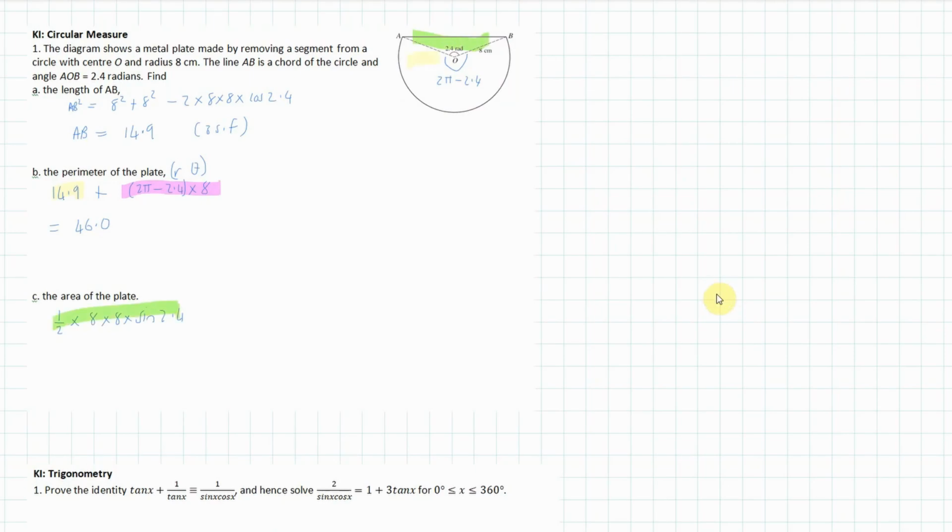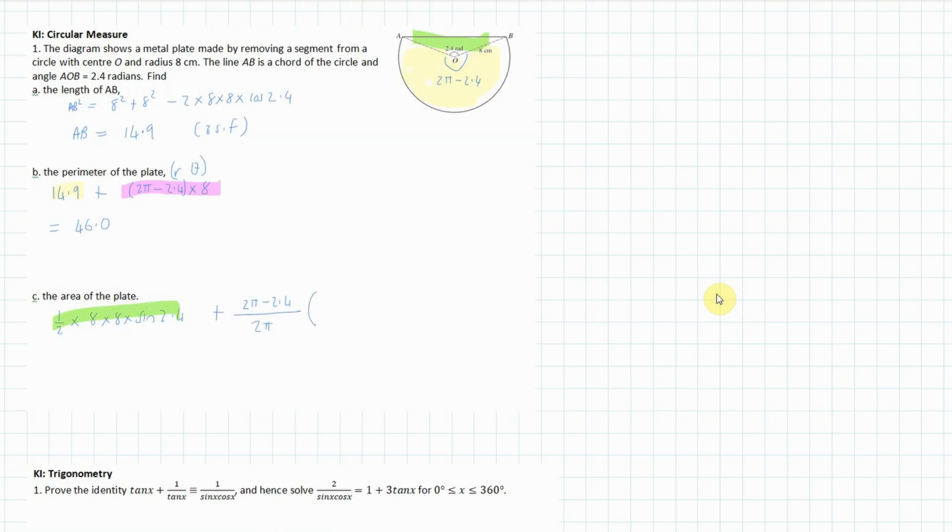And then I want to do this bit here, which of course is an area of a sector, and that is the angle that it is, 2 pi minus 2.4, all over 2 pi. That's how much of the circle it is.